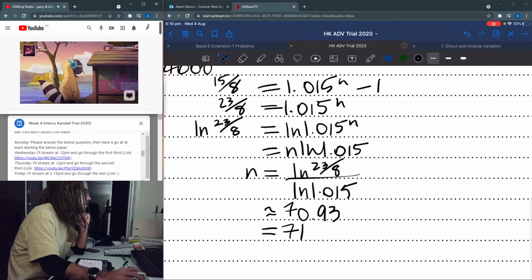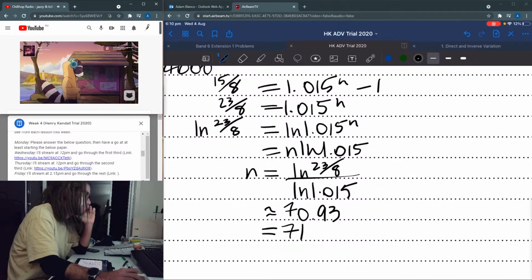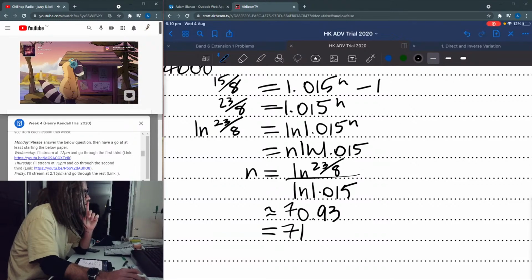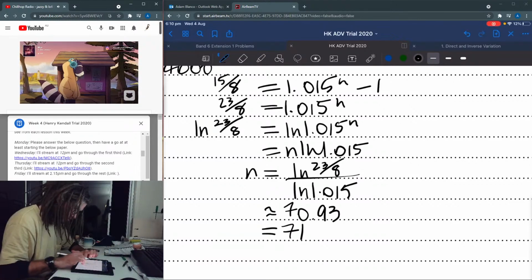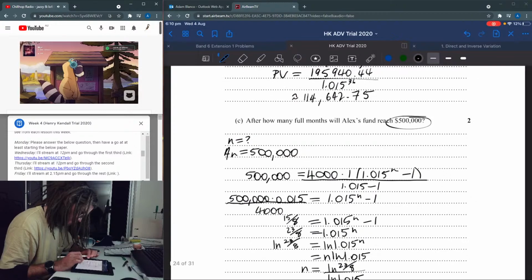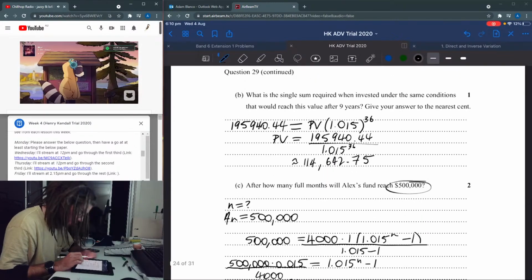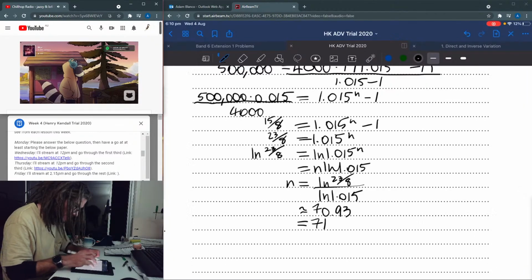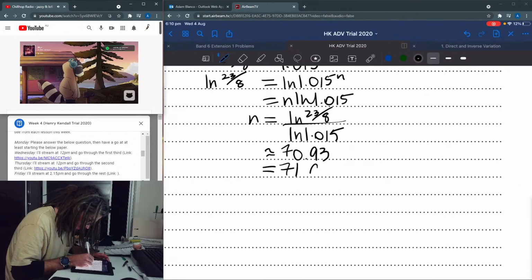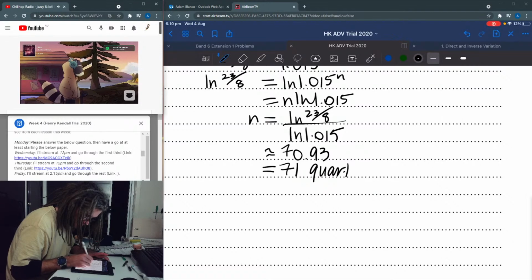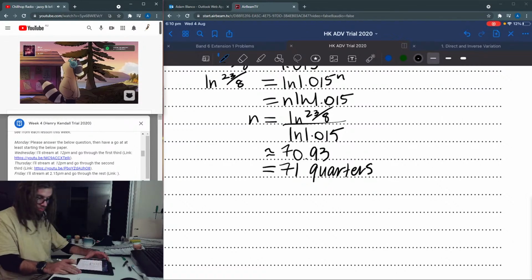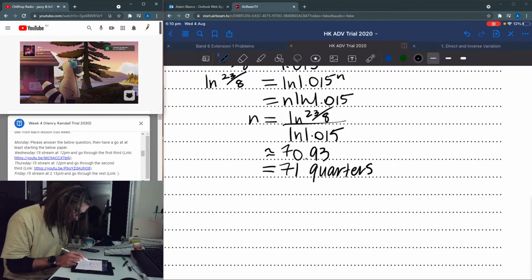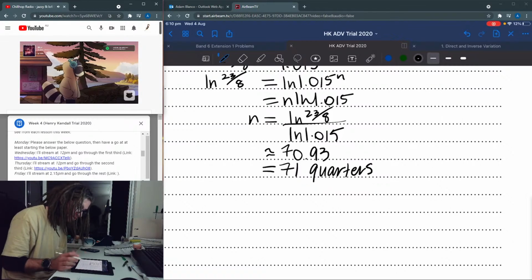Is that the answer? Surely. It is. Oh, it is. No, it's not. Why isn't it? Solving for n. Oh, trick question. What a stitcher. That's how many quarters. Yeah, right. What a stitch-up question. Because these were compounding quarterly, n is in quarters.